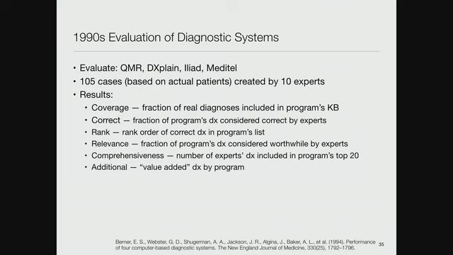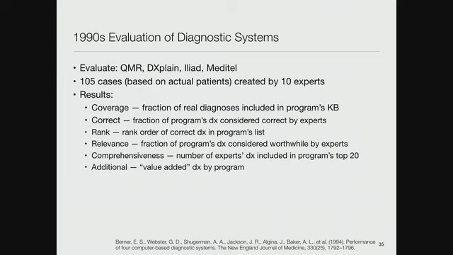So what fraction of the real diagnoses in these 105 cases that they chose to test on could any of these programs actually diagnose? If the program didn't know about a certain disease, then obviously it wasn't going to get it right. And then they said, okay, of the program's diagnoses, what fraction were considered correct by the experts? What was the rank order of that correct diagnosis among the list of diagnoses that the program gave?